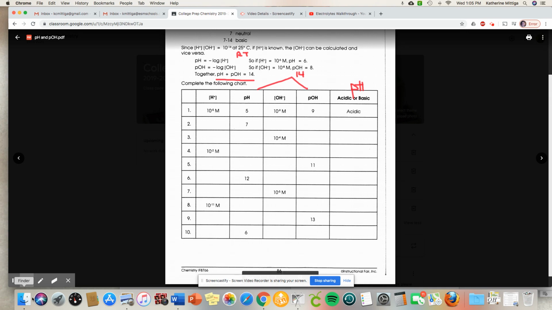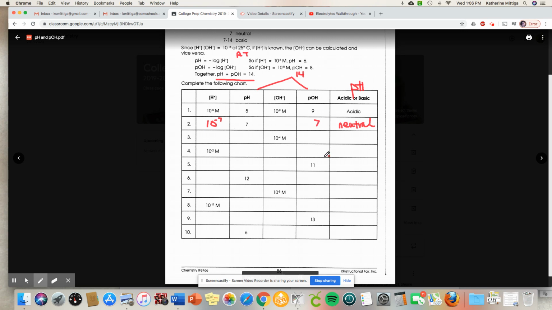Here we go. If your pH is 7, that means your H plus concentration is 10 to the minus 7. If your pH is 7, you already know this should be neutral. I know it says acid or base. It's neither. Now, if pH is 7, a number plus 7 has to give you 14.